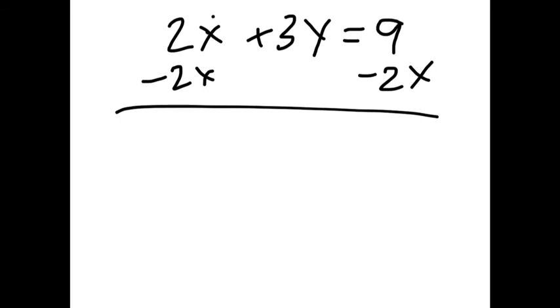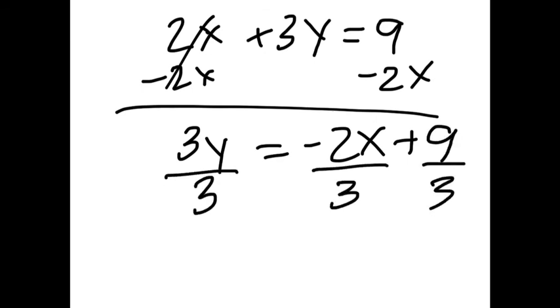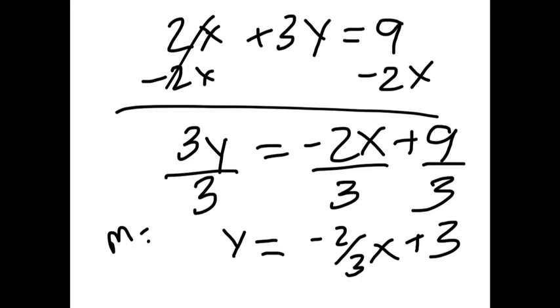So I'm going to move the 2x to the other side to isolate my y. I get negative 2x plus 9, and in order to fully isolate my y, I have to divide everything by 3. So I get y equals negative 2/3 x plus 3. So my slope is negative 2/3, and my y-intercept is 3.